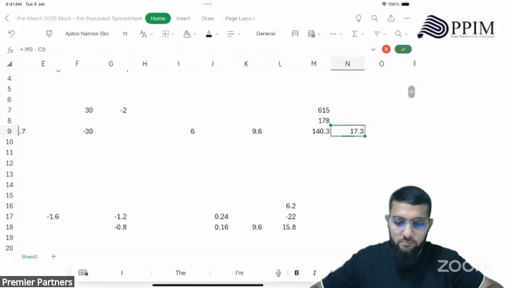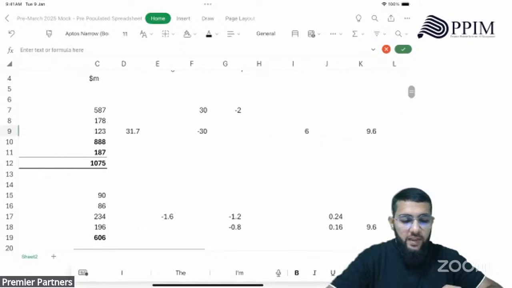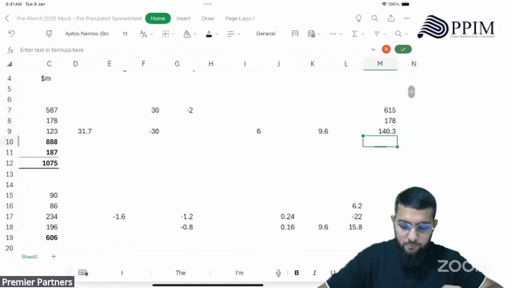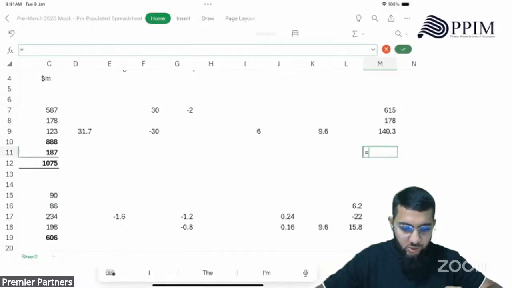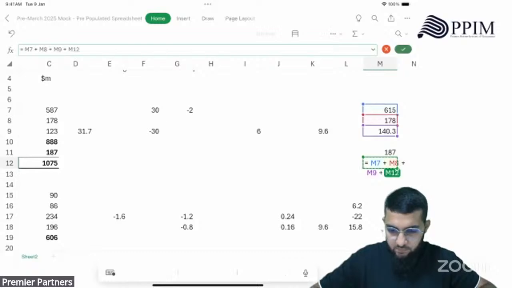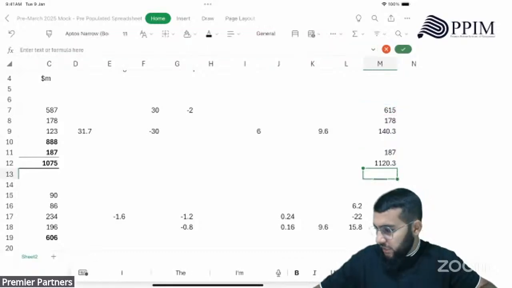So the difference of 17.3 is adjusted here. All right. Balances. Then there is current assets. No changes there, so take it as it is. Then we are good to calculate our total assets. Okay.